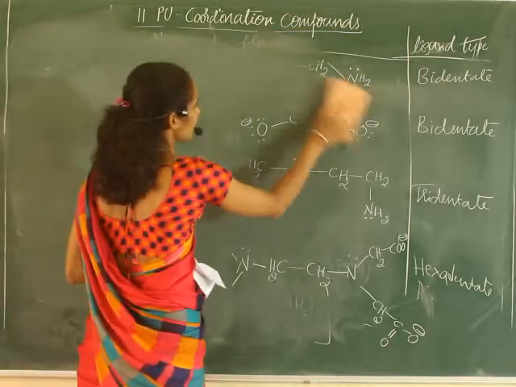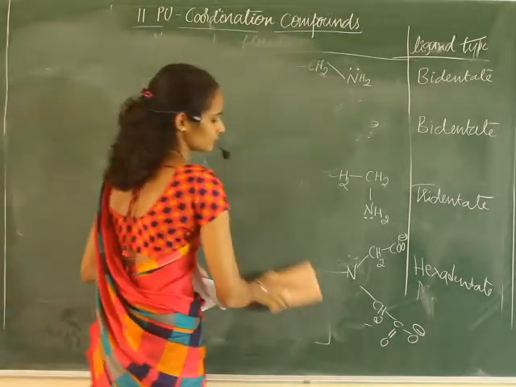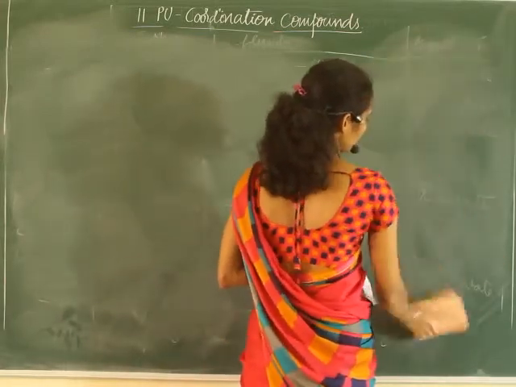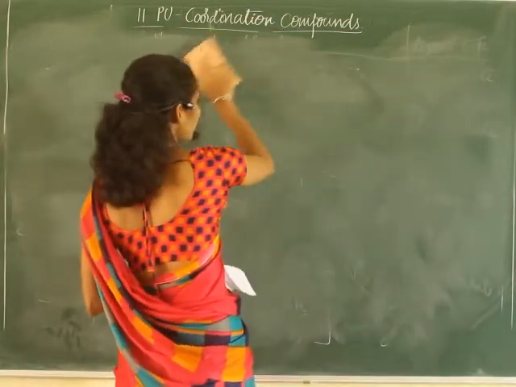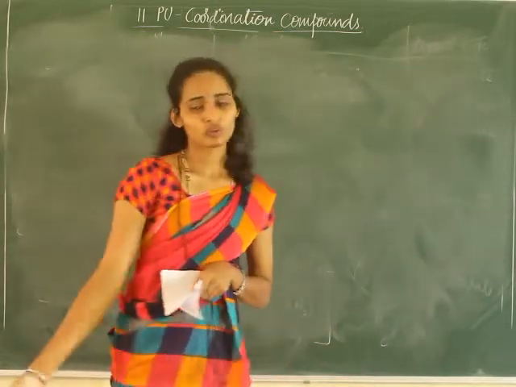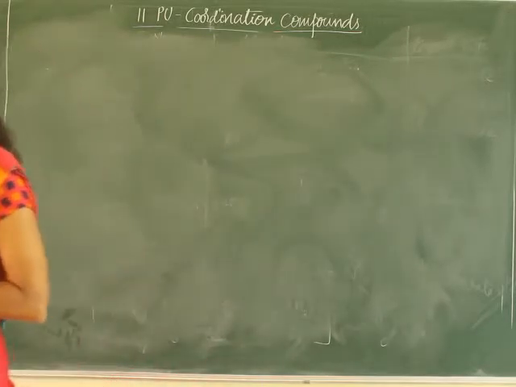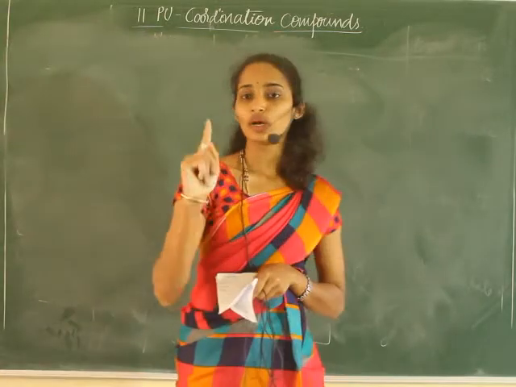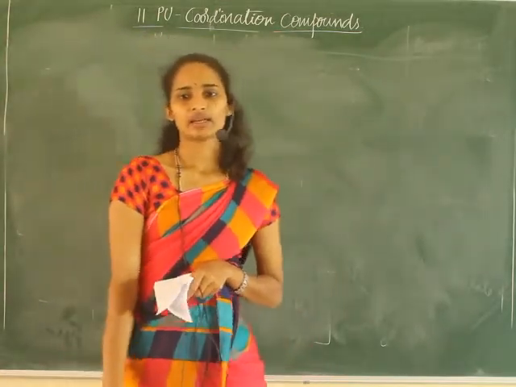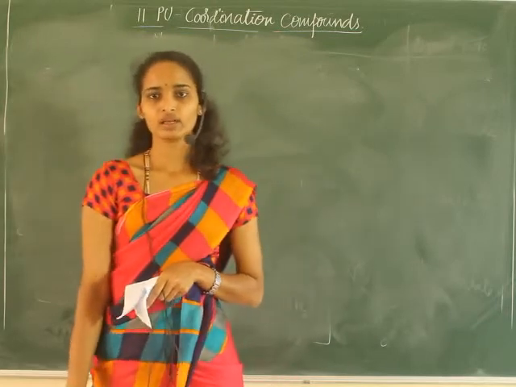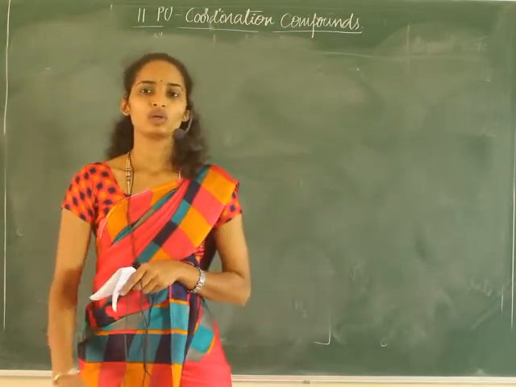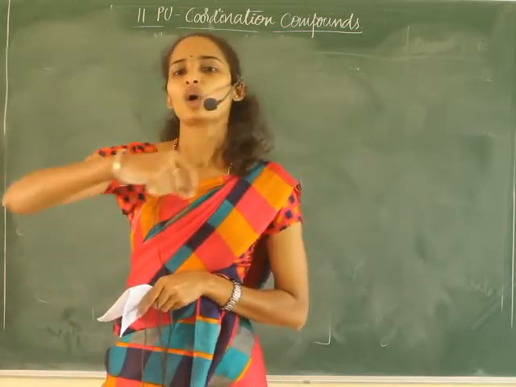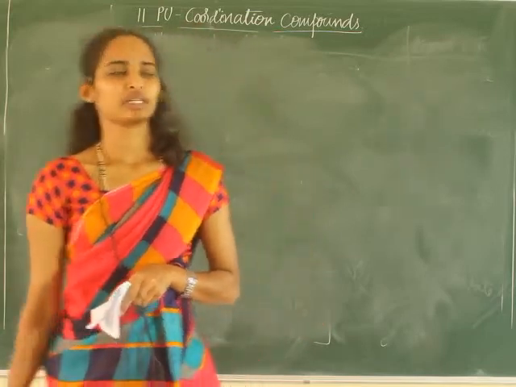What are ambidentate ligands? A ligand may contain more than one donating group, but it will ligate through, or it may coordinate through, only one coordination site.